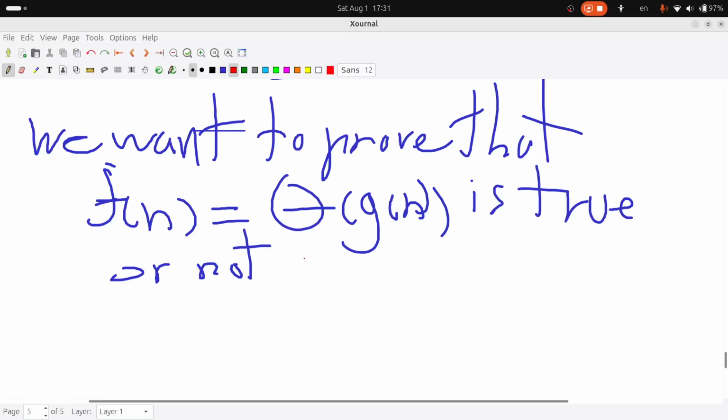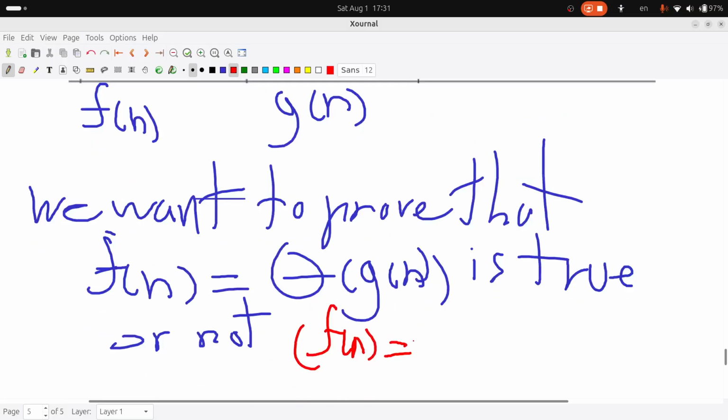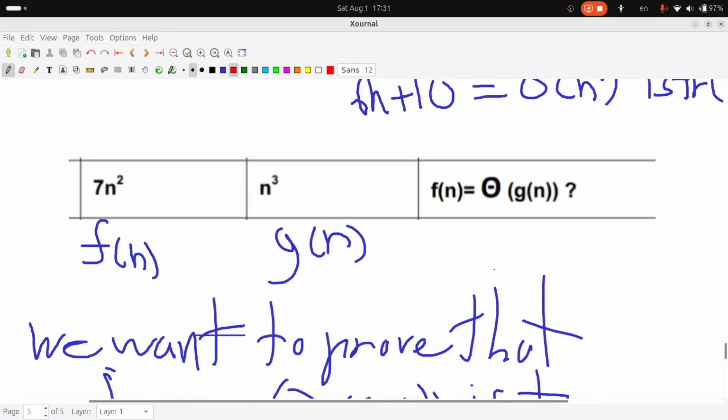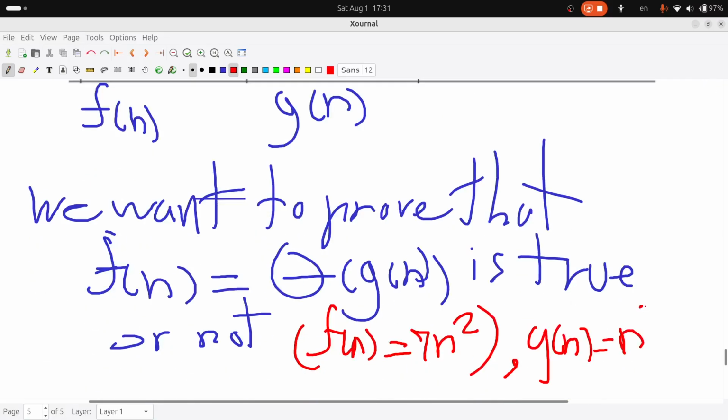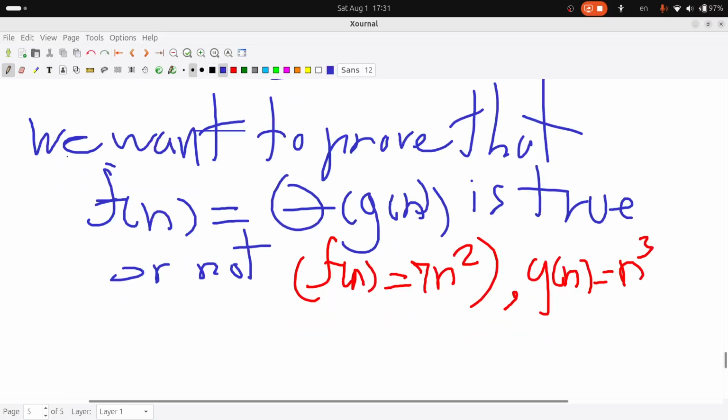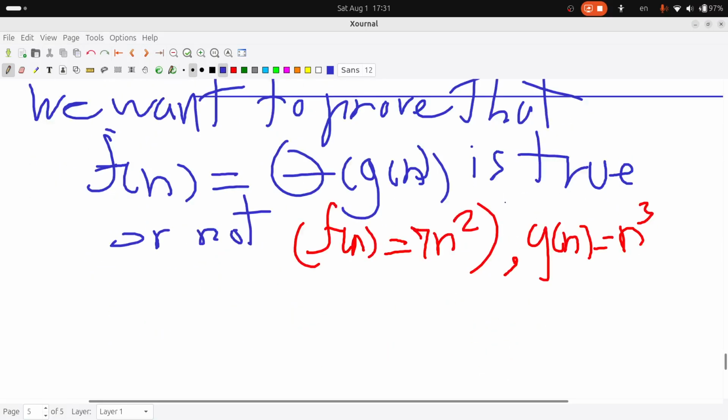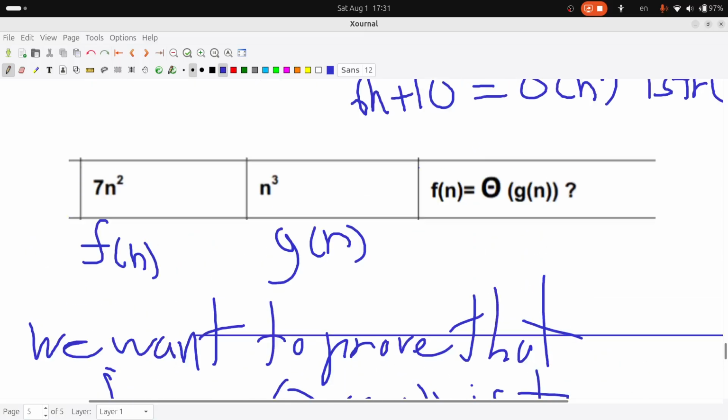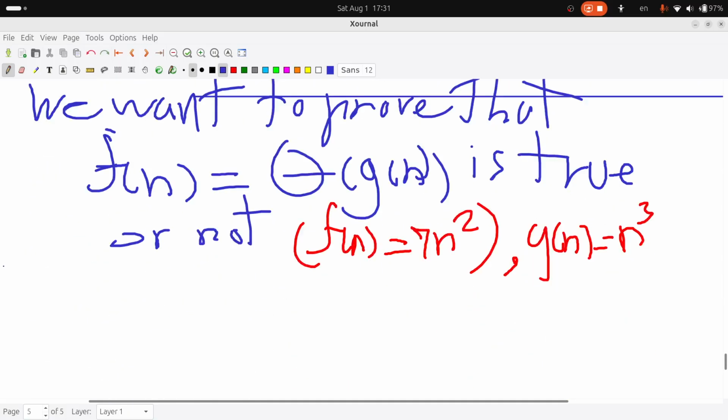And we can specify that f(n) is equal to 7n squared and g(n) is equal to n to the power of 3. The next thing, we just specify the definition of theta notation.